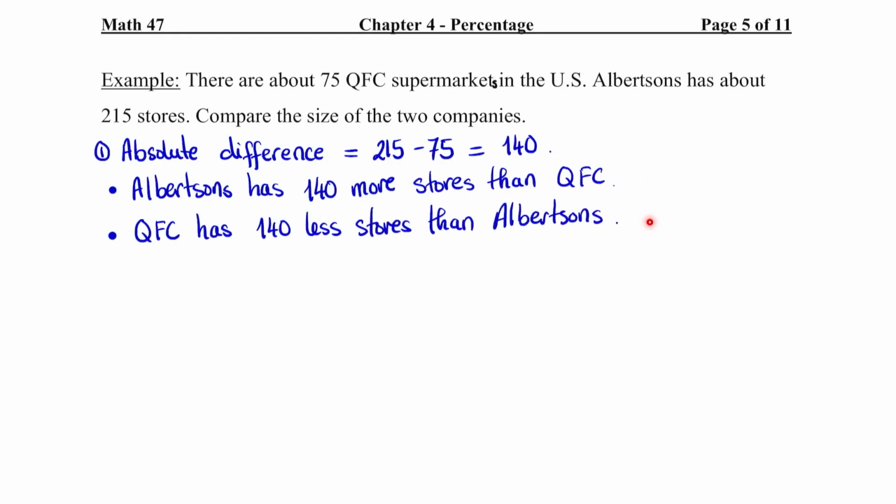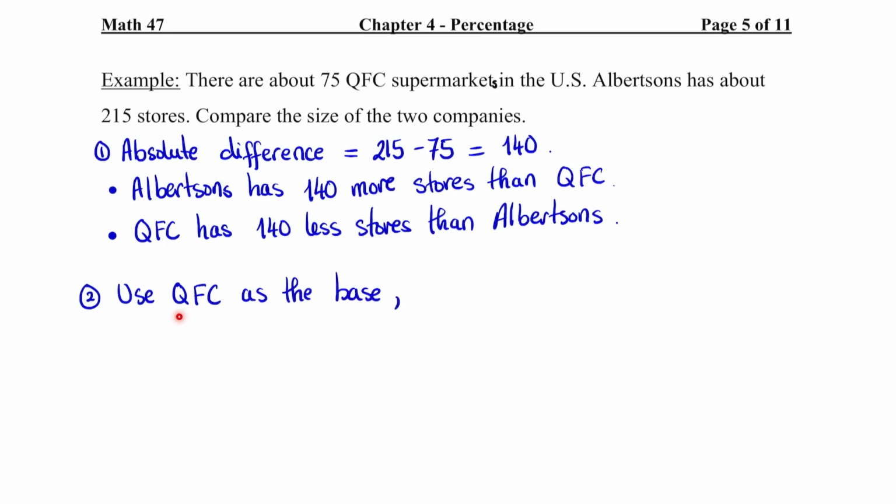So this is one way to compare the two companies. The other way is that we are using the percentage. And in order to use the percentage, we have to use the base. So first, let's use QFC as the base.